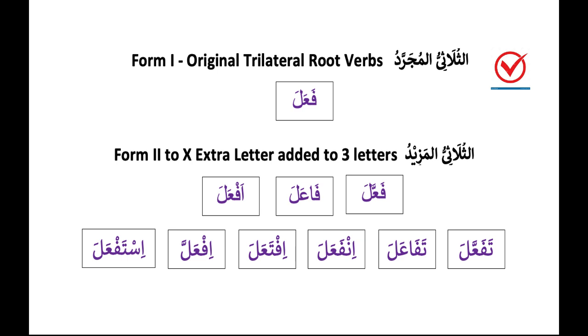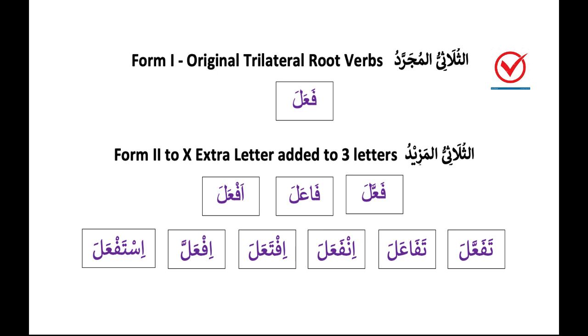Alhamdulillah, we are on module 2. And it's time for us to understand the next level of verbs. As you probably gathered, the form 1 has got 3-letter verb, which is called as-thulathiyul mujarrad. So, next form would be form 2. Then it will be form 3, 4, 5, 6, 7, 8, 9, 10.